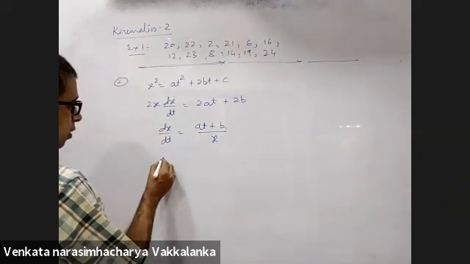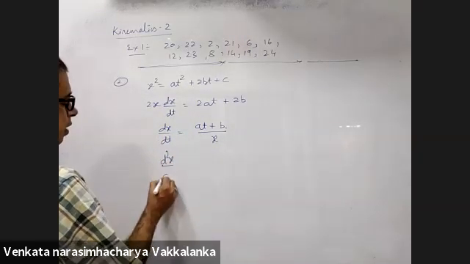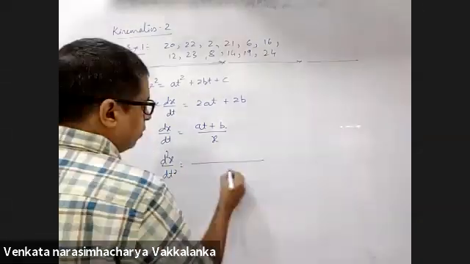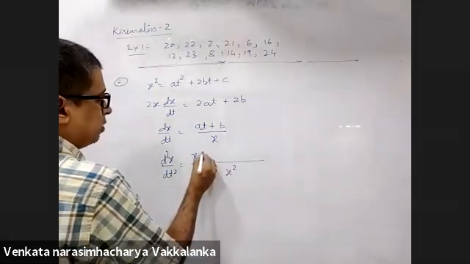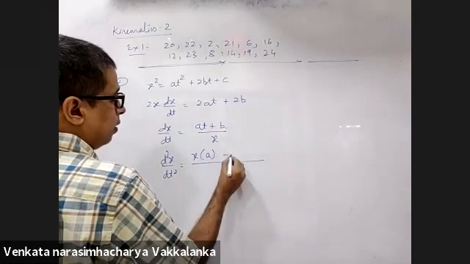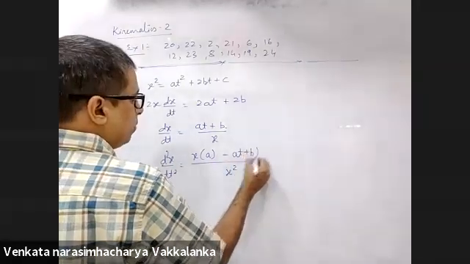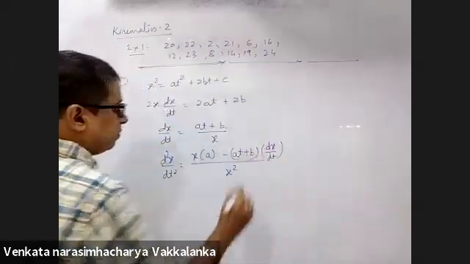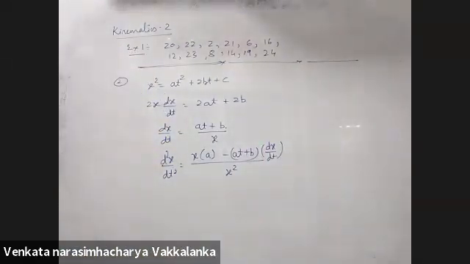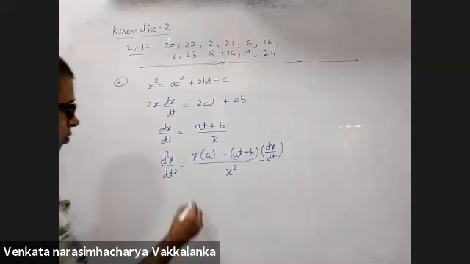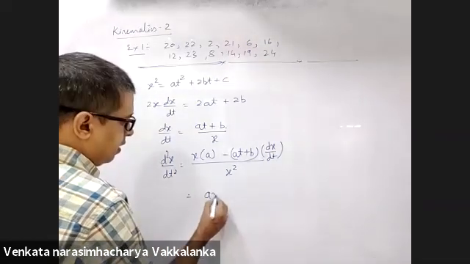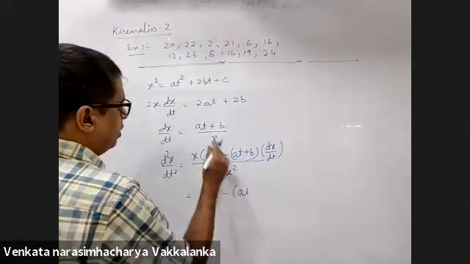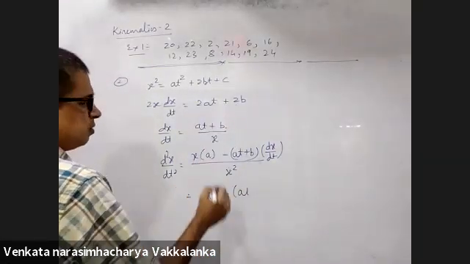Now, d2x by dt square is equal to (x into a minus (at plus b) into dx by dt) by x square. Now, this will be (ax minus (at plus b) square by x) by x square.